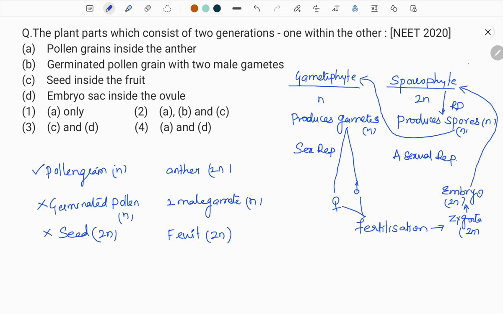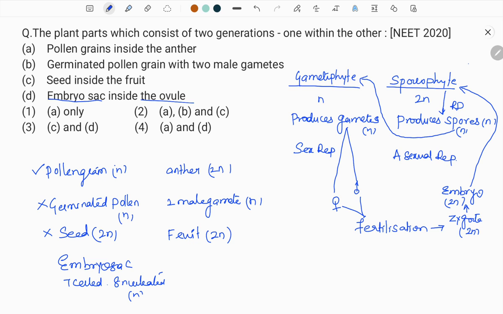Last one is embryo sac inside the ovule. What is embryo sac? The female gametophyte present inside the ovule is called the embryo sac. We know that the embryo sac is 7-celled and 8-nucleated. So these 8 nuclei are haploid except the central cell.